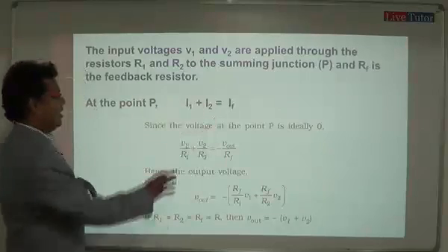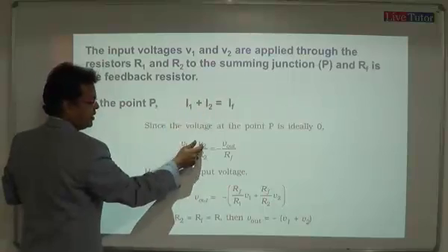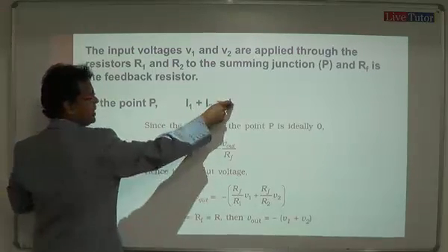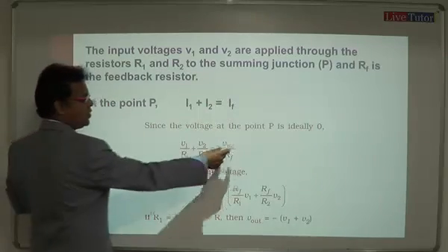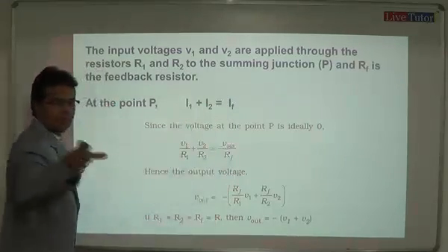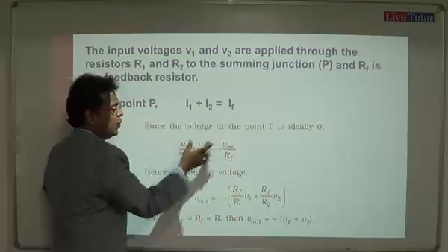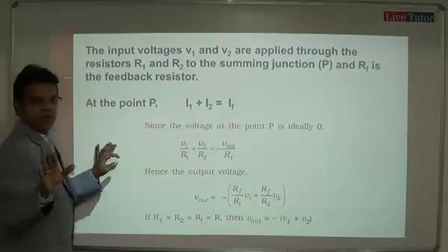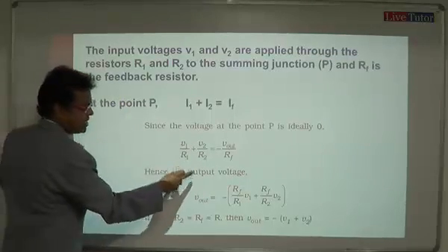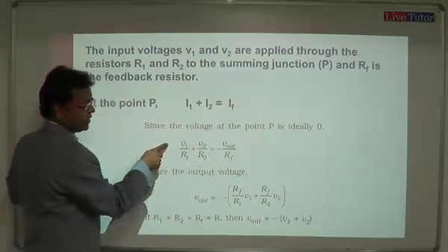ஓகே, ரைட். நவ இப்போ I1 எப்படி எழுதலாம்? I1 is equal to V1 by R1. அதே மாதிரி I2 equals V2 by R2. IF எப்படி எழுதலாம்? Vout by RF. Okay, because output voltage should be taken across RF, ஃபீட்பேக் ரெசிஸ்டர் வழியா. அதனால in terms of voltage and resistor எழுதிறோம். Now we can find out the output voltage. இந்த RF இந்த பக்கம் எடுத்துட்டு வந்துருங்க.